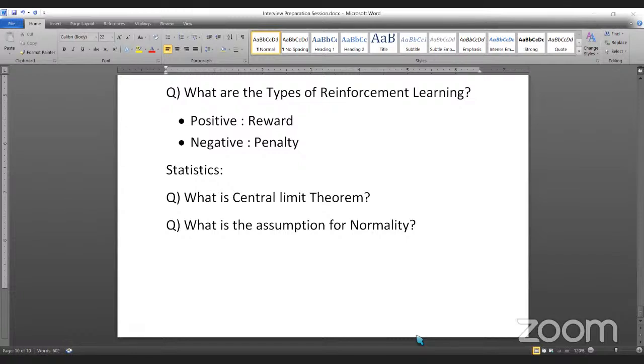This is regarding a sample, a population sample. So regarding a population sample, what is the assumption of normality?